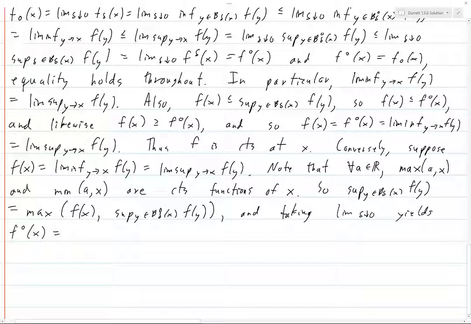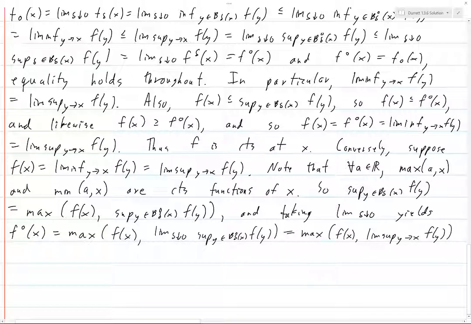But because maximum functions are continuous, you can bring that limit inside. So this is actually the maximum of f of x and the limit as delta decreases to 0 of the supremum of all y in this punctured radius of f of y. And so this is the maximum of f of x and the lim sup as y goes to x of f of y.